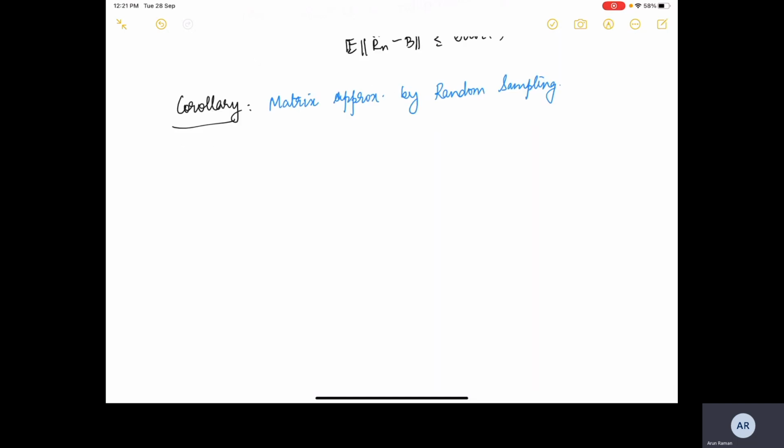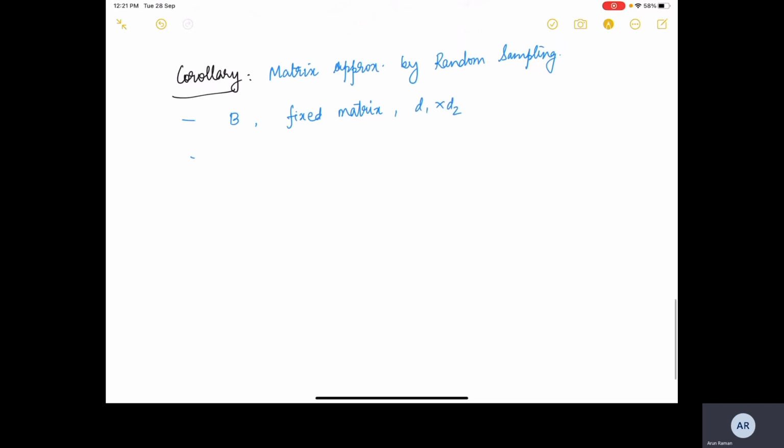What are the assumptions of this corollary? We have B, which is a fixed matrix, and we assume that its dimension is d1 cross d2.